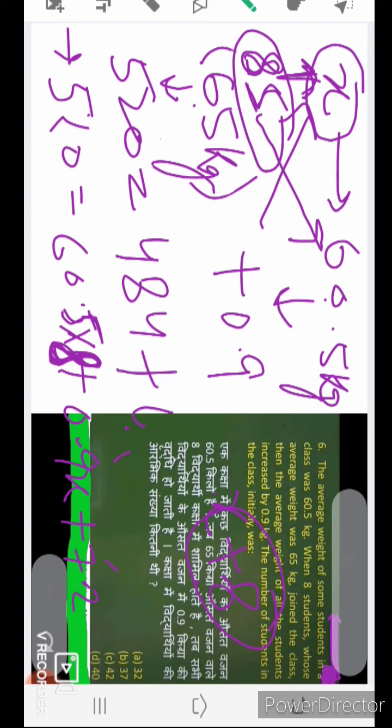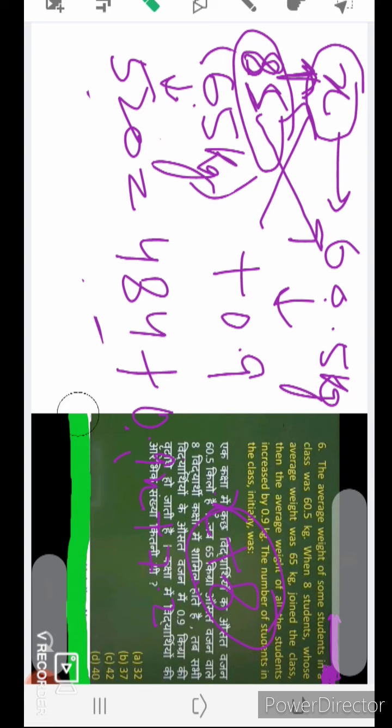Now 0.9x plus 7.2. Now rub this. Now what is the value of x? So this is going to be 484. 520 minus 484 will be 36. 36 minus 7.2 is equal to 0.9x.